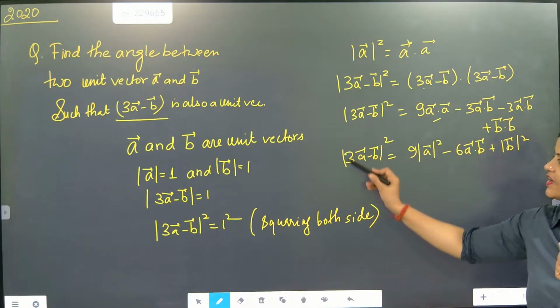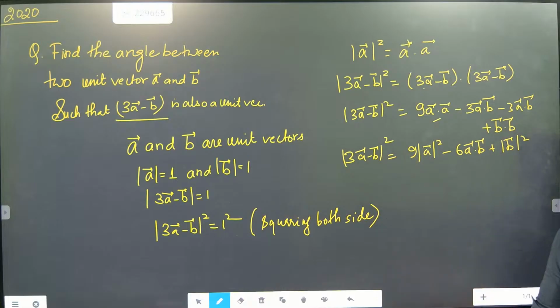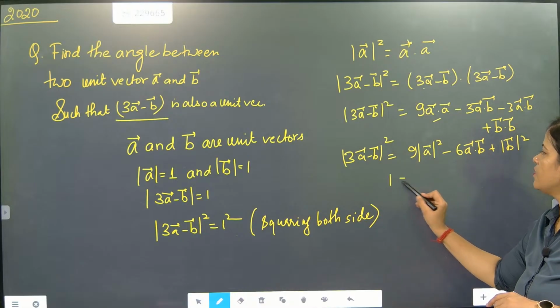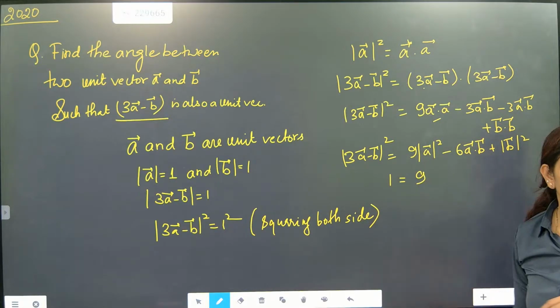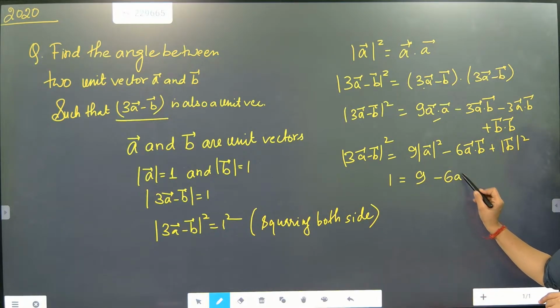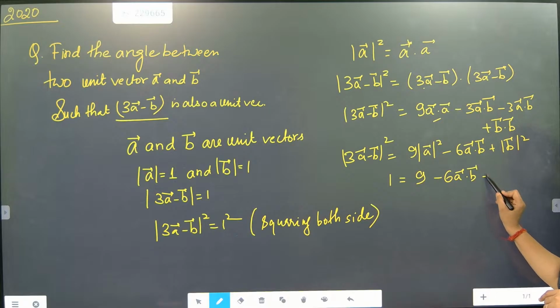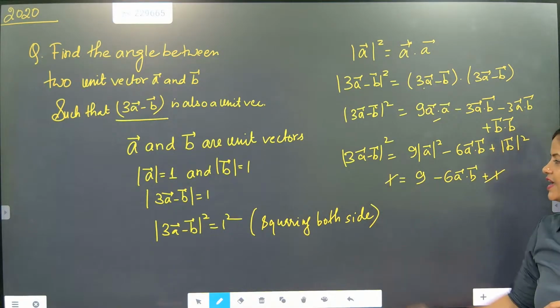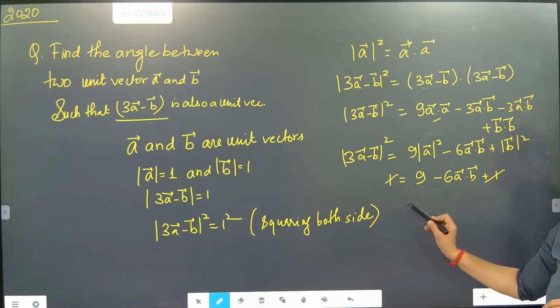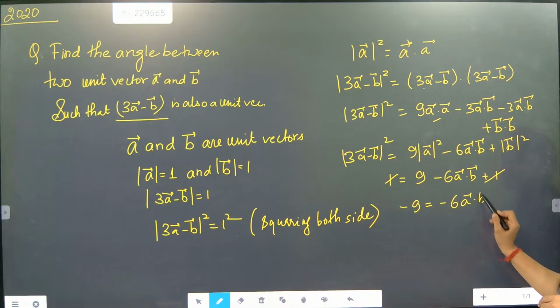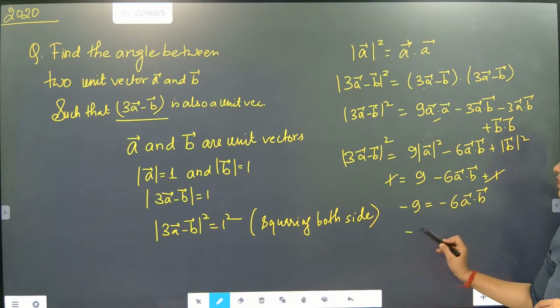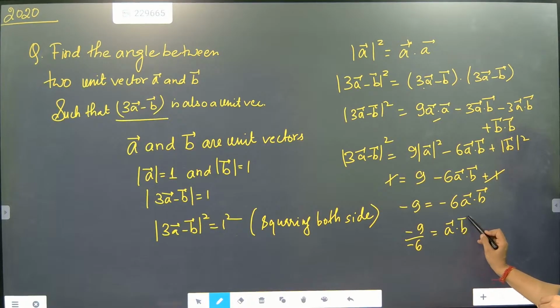Now beta, this is a unit vector, so its magnitude will become 1. So 9 ones are 9. Now here minus 6 A vector dot B vector, and here the value is also 1. So shall we cancel this 1 and this 1? This will shift to that side. It will become minus 9 is equal to minus 6 A vector dot B vector. Shall we shift this? Minus 9 by minus 6 is equal to A vector dot B vector.